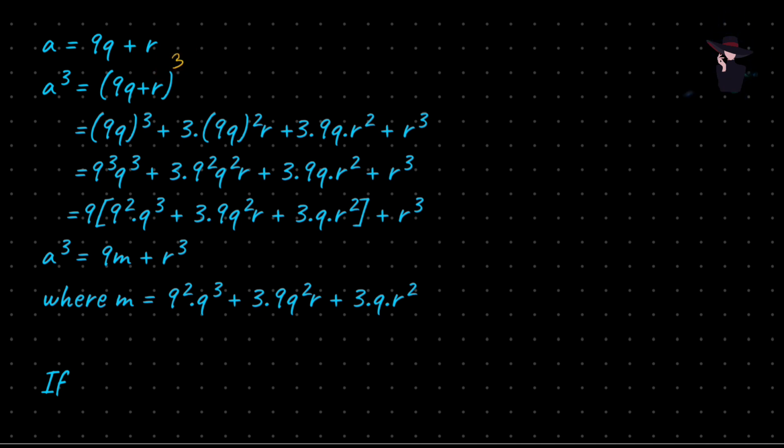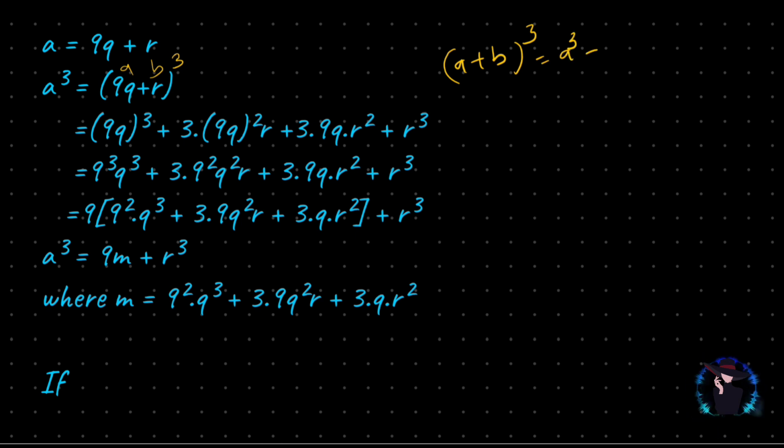Okay, so what's the formula of (a plus b) whole cube? This is a, this is b, and this is whole cube. So what's the formula here? The formula is a cube plus 3a square b plus 3ab square plus b cube.